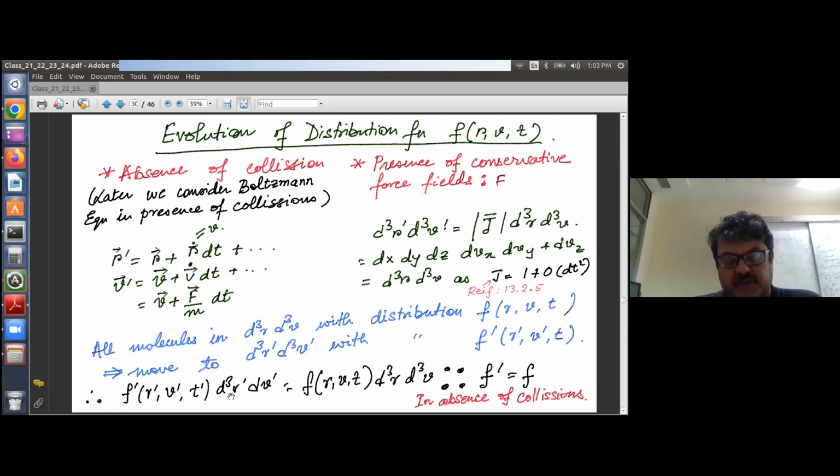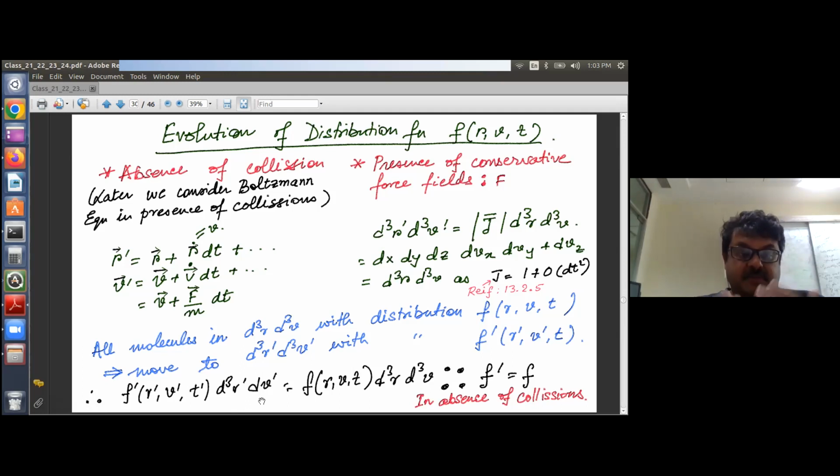This unit volume would have moved from position r and v to r dash and v dash at a later time t dash. But this volume element in 6D space doesn't change, because the same distribution function in different directions just moves from here to there.